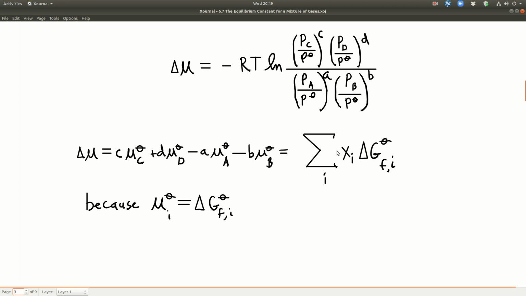That's equal to the sum of the coefficients for each species times the delta G of formation under standard conditions of each species, because we saw earlier that the chemical potential under standard conditions is equal to the delta G of formation under standard conditions.